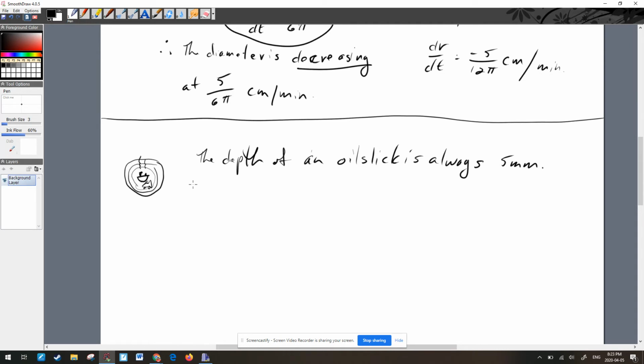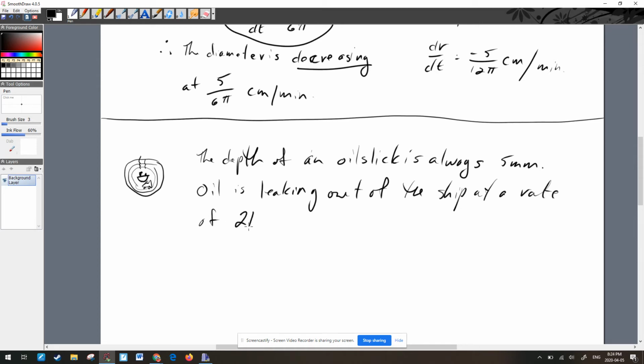Okay, and we'll keep the units nice for this one. Oil is leaking out of the ship, just a tiny little ship, at a rate of 2 liters per hour.